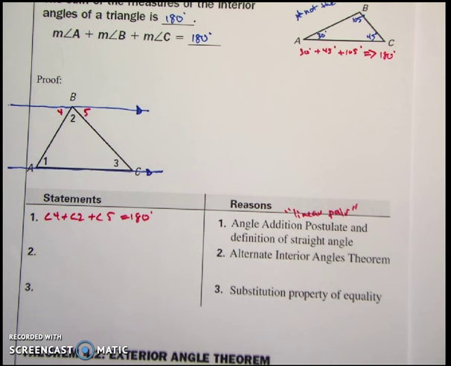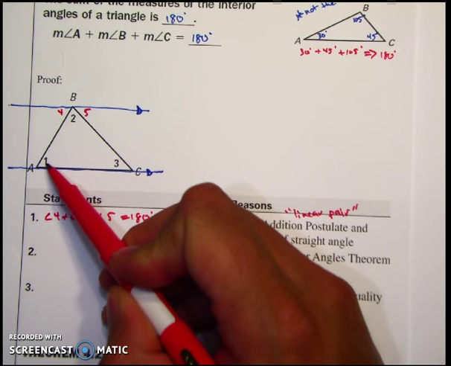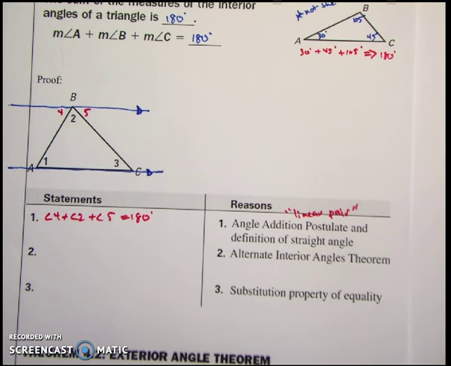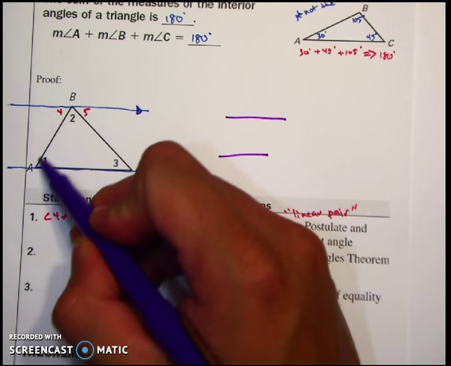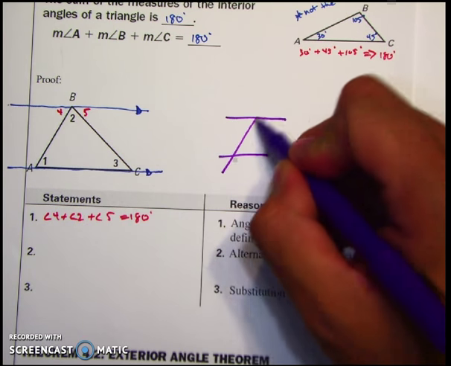Now, from what you learned last lesson, you should notice that angle 1 is the same as what angle? Angle 4. Some may have a hard time seeing it, so I'm going to draw this out here. We have two parallel lines, and I'm going to draw this line out here.